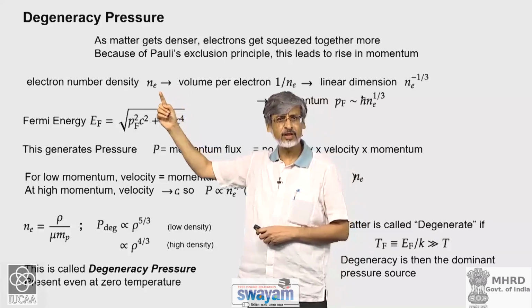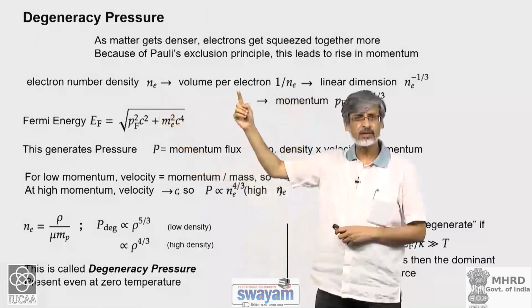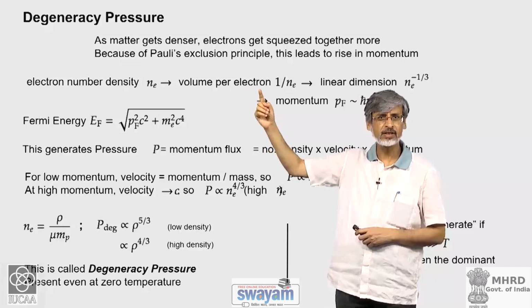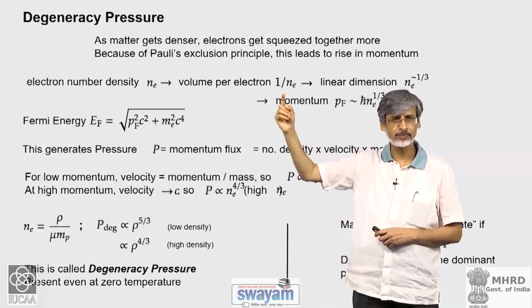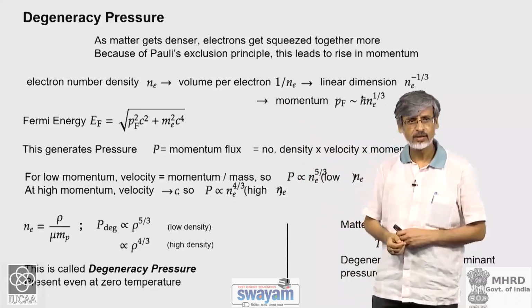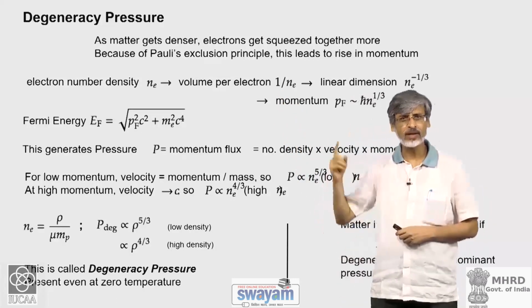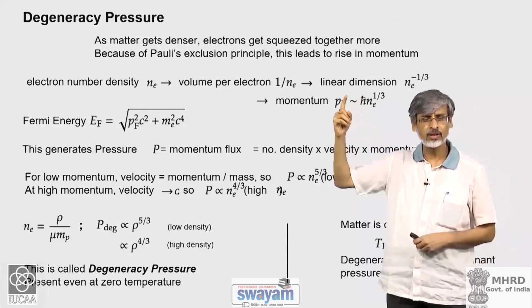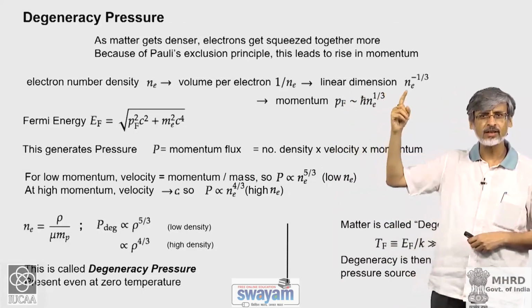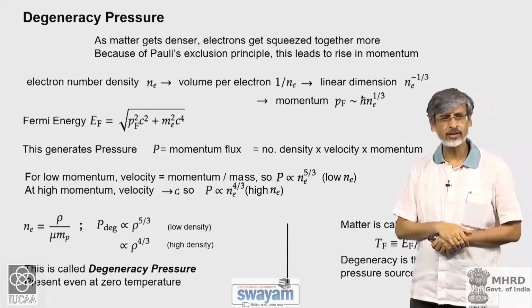At a given electron number density n sub e, we can apportion on average a volume per electron, which is about 1 over n e. A volume of size 1 over n e is like the electron being confined to within a linear dimension, which is n e to the power of minus 1/3.